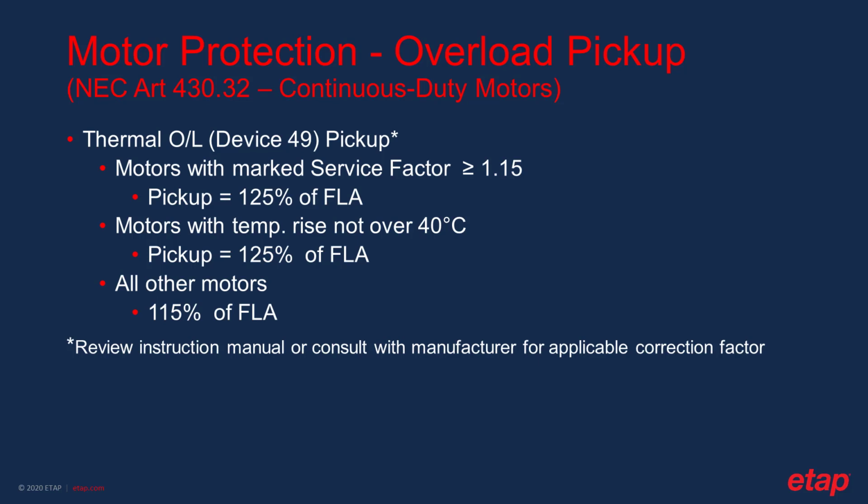If the motor does not have a temperature rise over 40 degrees C, you can use the same maximum pickup for such overload as well. But if the service factor is less than 1.15, then the maximum pickup setting for such motors based on the National Electrical Code or for the NEMA standard motors would be 115%.